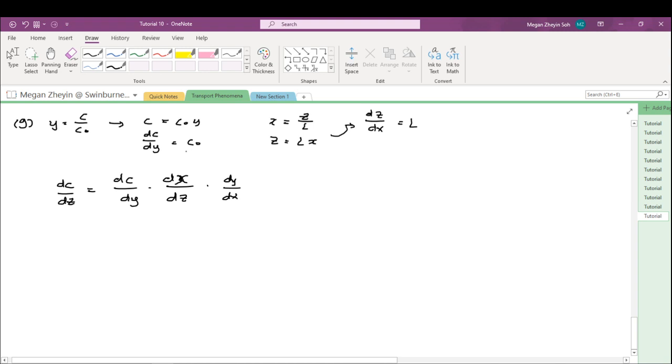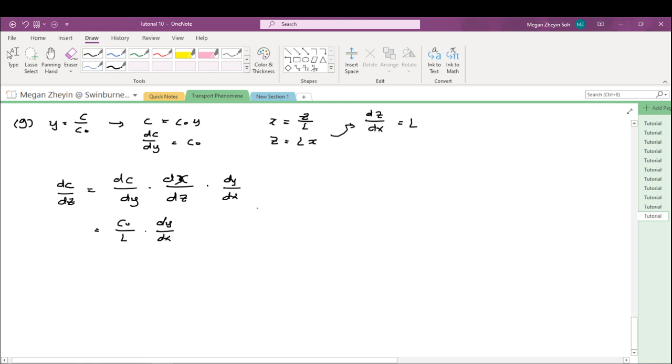This is your c0, and this is your division of L. So we get c0/L multiplied by dy/dx.